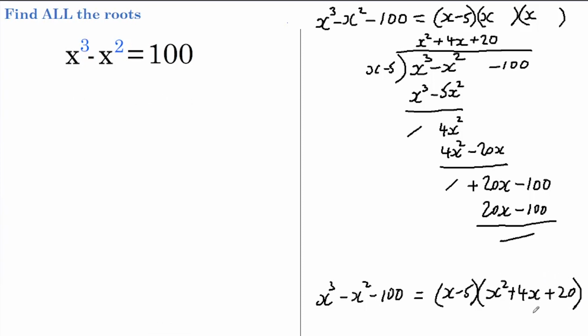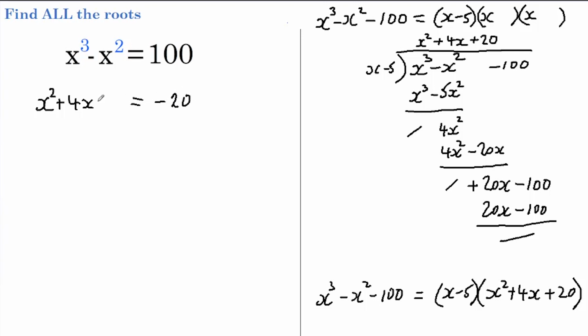So we could factorise this using the quadratic formula, but I'm going to use my preferred method, which is the difference of two squares. So let's rewrite this as x squared plus 4x equals negative 20.